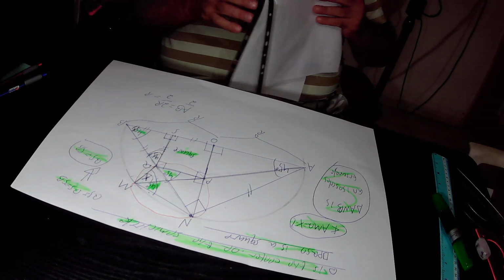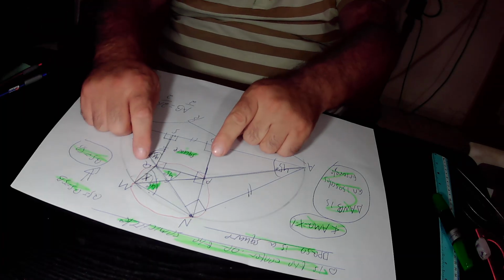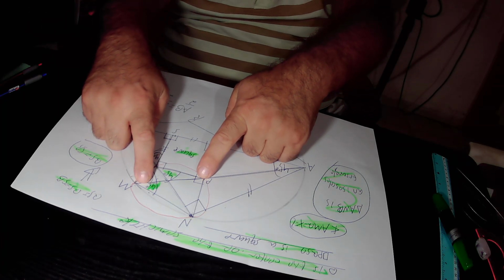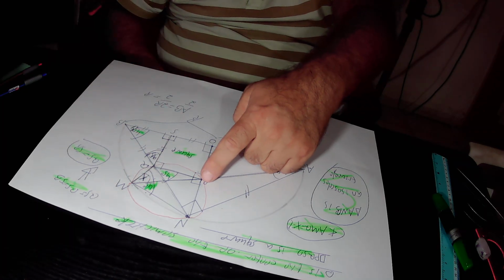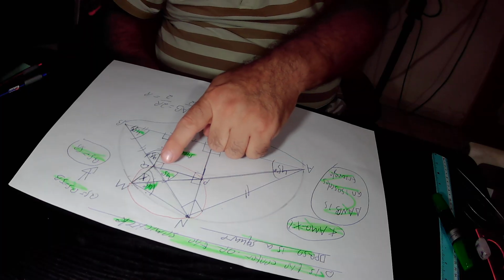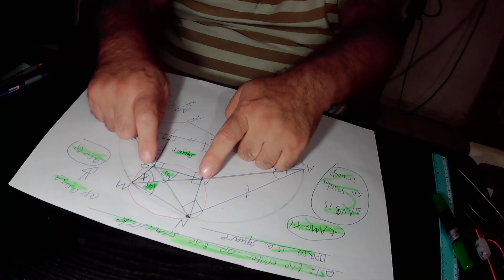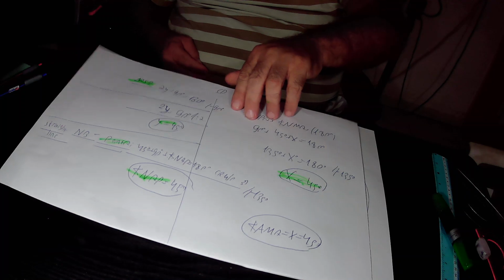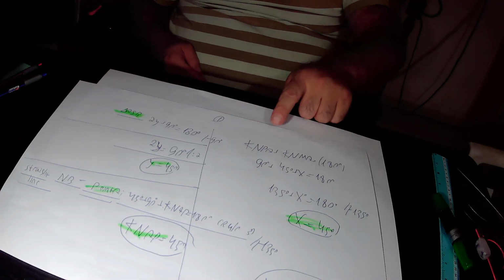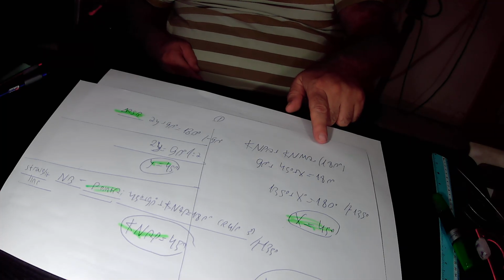That is to say, according to the rule that I read, the sum of those 2 opposite angles must be equal to 180 degrees. This is angle NPQ plus this opposite angle, angle NMQ. The sum of those 2 angles must be equal to 180 degrees. Again, angle NPQ plus the opposite angle NMQ in quadrilateral NMQP equals 180 degrees according to the rule that I mentioned.